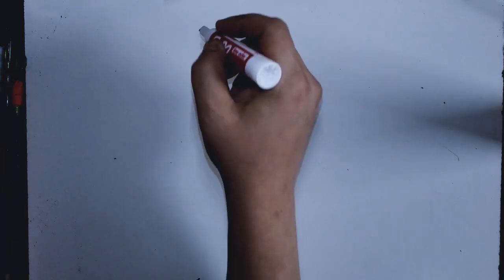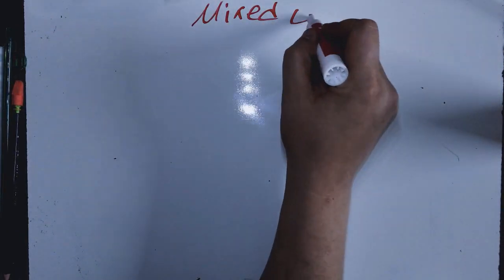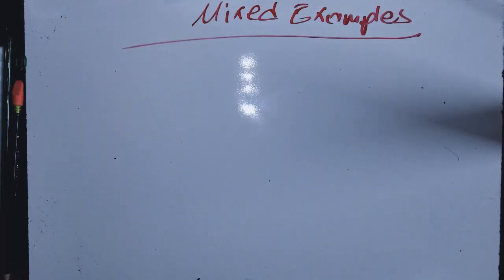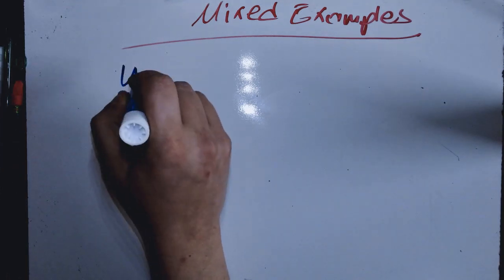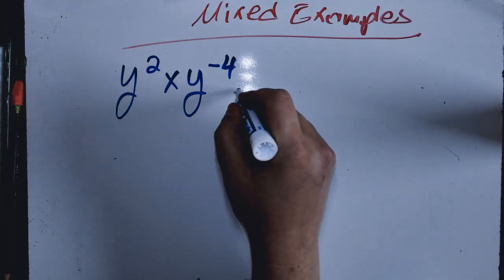So any number to the 0 power equals 1. Let's write an example. Mixed examples. What if I have positive and negative exponents? y to the second power times y to the negative 4.